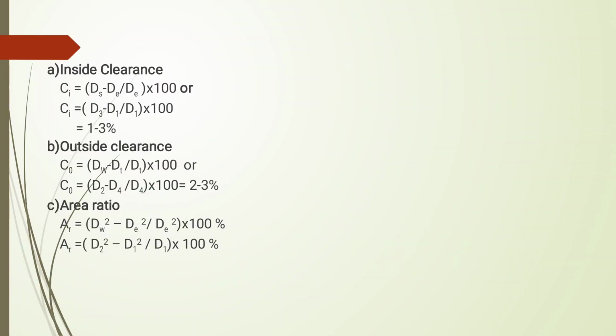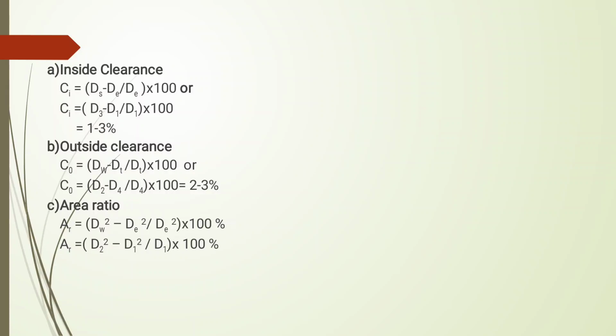For the cutting edge, there is a clearance, that is inside clearance, outside clearance and area ratio. Inside clearance means Ci equal to (ds minus de) divided by de into 100, or we can also write it as Ci equal to (d3 minus d1) divided by d1 into 100.